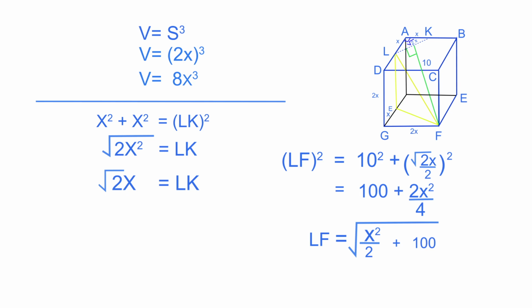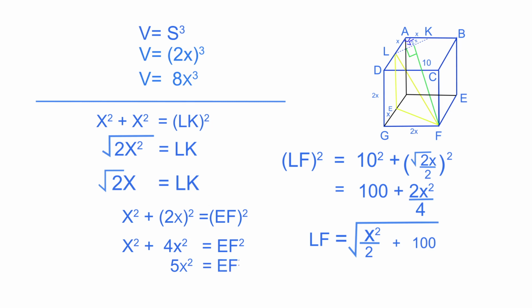So therefore we can solve for EF, and of course this is a right angle. So x squared plus (2x) squared is equal to EF squared. Therefore x squared plus 4x squared is EF squared, so 5x squared is EF squared, and EF is equal to root 5 x. So I'll put that in there.